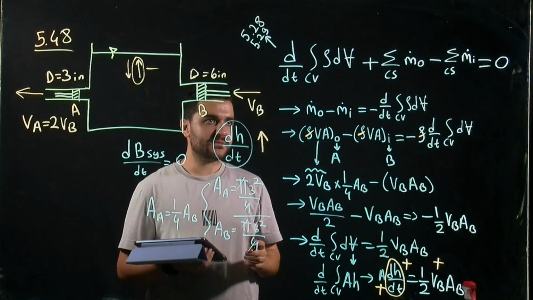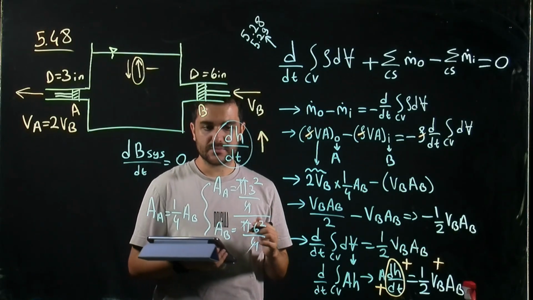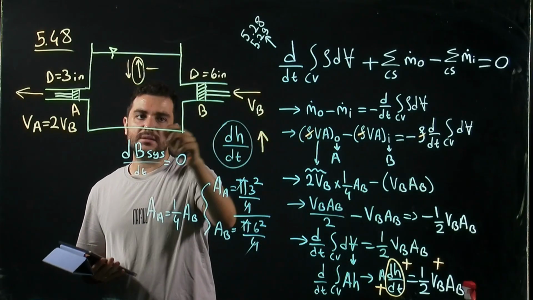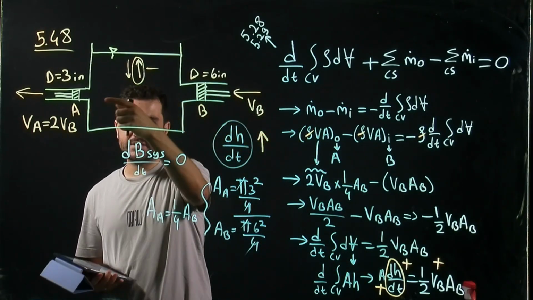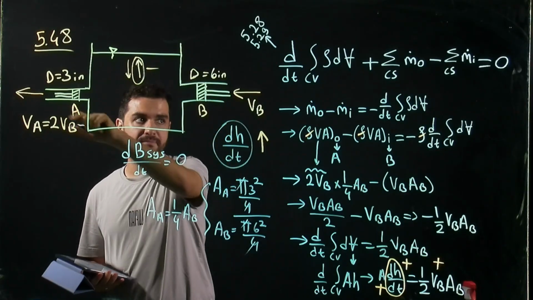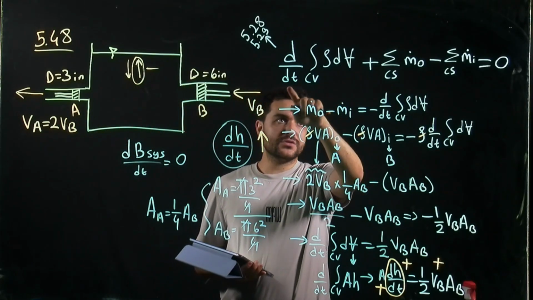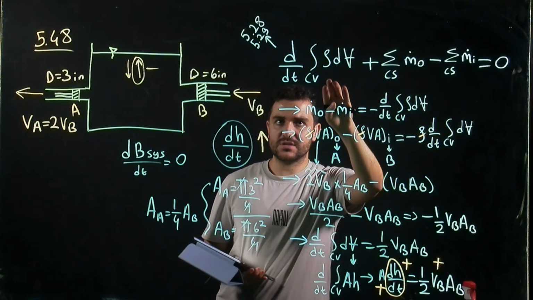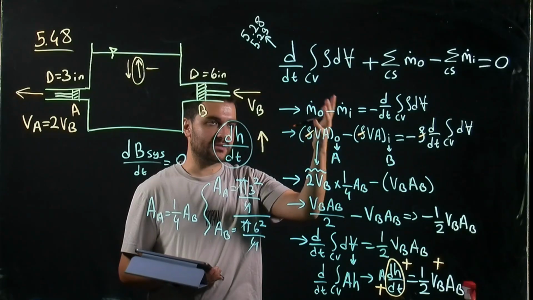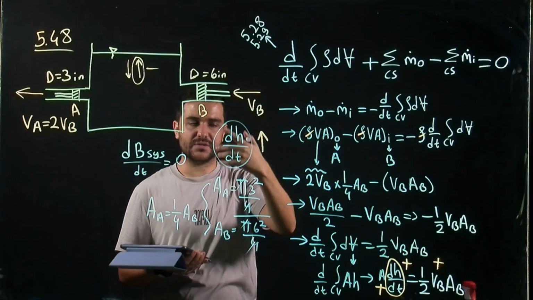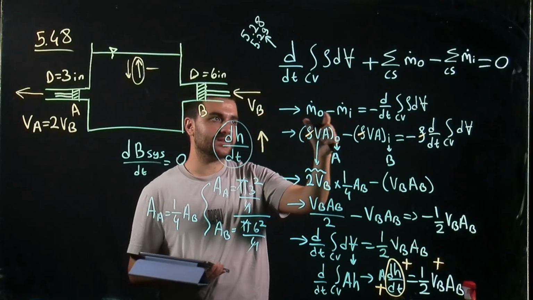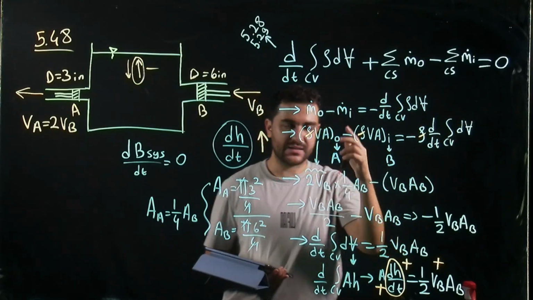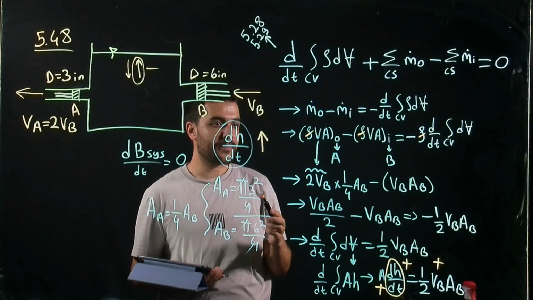So let me summarize the question from scratch. In this question we had two pistons, and both are moving to the left, as you can see here and here. So we use this continuity equation. Please don't get confused, because this is the same continuity equation as in the previous one. They are all the same, but I just wrote these outflow and inflow equations.